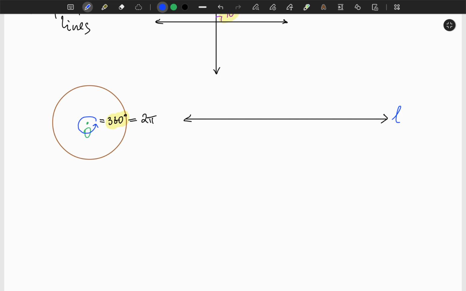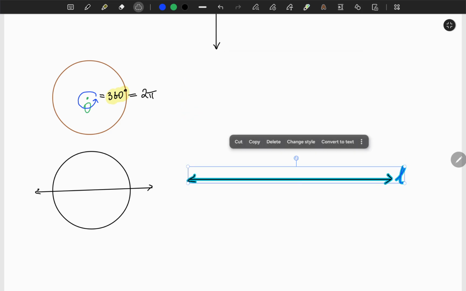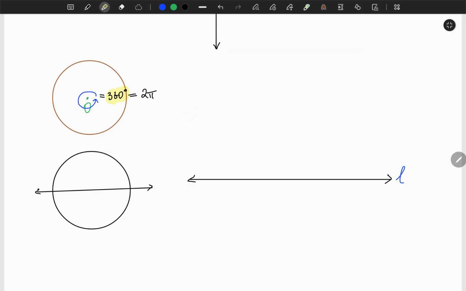Division means you divide any object into equal parts. If we divide by 2, we divide the object, in our case the circle, into 2 equal parts, and if we divide it, we get this line.